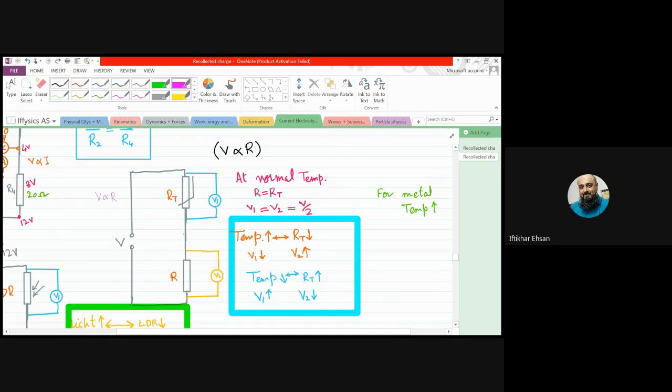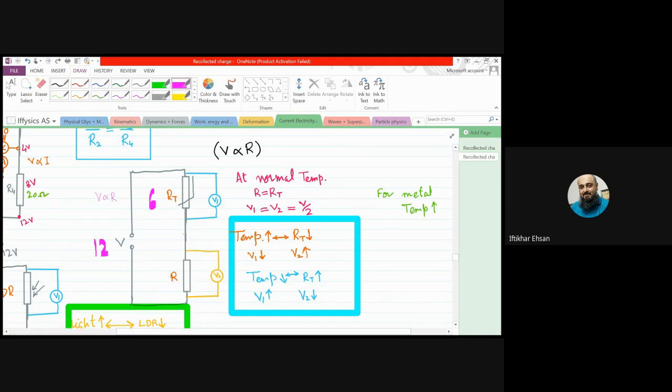For example, if the total voltage was 12 and they had 6 each, and RT decreases to 3, then the other will increase by 3 and change to 9. But the total will always be equal to the total voltage supplied.